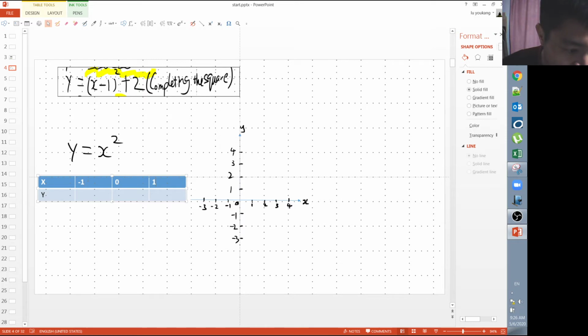So I have x equals -1, so I sub it into this equation, and I will get 1. When my x equals 0, 0 squared is 0 for my y value. When x is equal to 1, I put it into this equation, x to the power of 2, and you will get y equals 1. So it looks like I have 3 points.